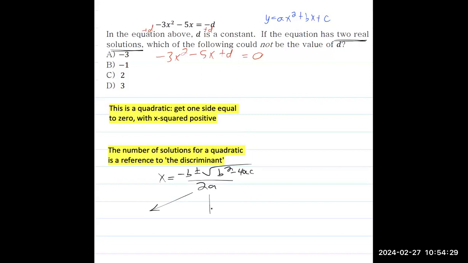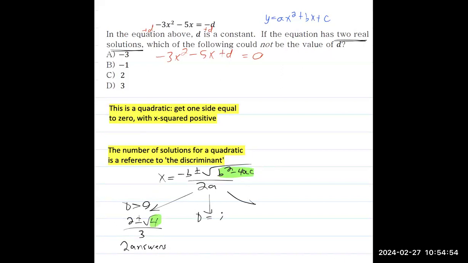The discriminant is the part under the radical, and different values for the discriminant influence our number of answers. For instance, if I had a positive discriminant, the thing under the radical is positive, we'll get 2 answers because we'd be adding and taking away the square root of it.